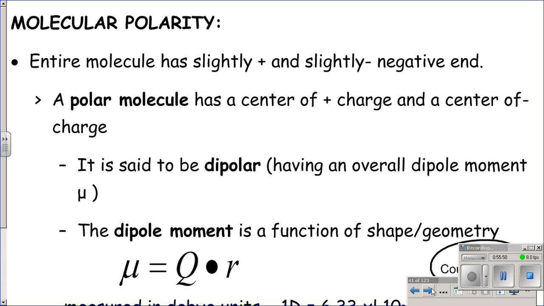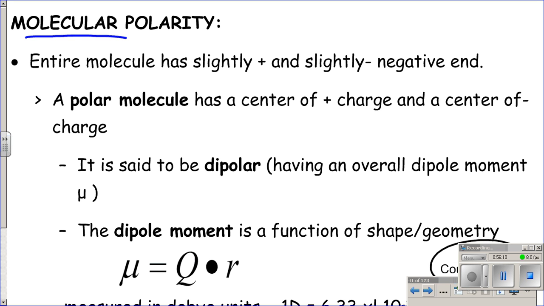Now, if you have to consider the entire molecule, every lone pair, every bond, the position in which they are located, meaning you already know the molecular geometry, then that is when you can determine the molecular polarity. That's the difference in where the electrons exist on an entire molecule.